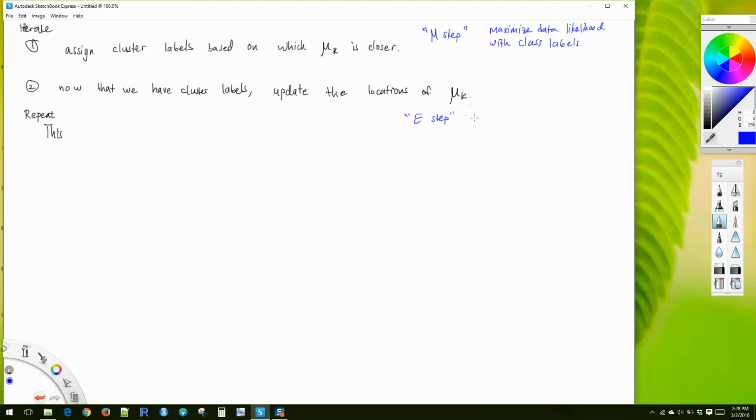What are the expectations, expected values, kind of our centers, based on current class labels.